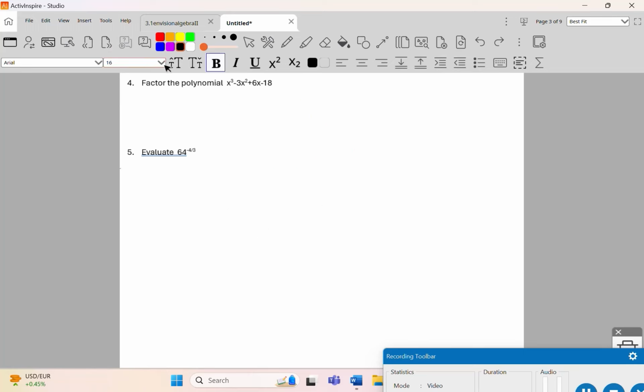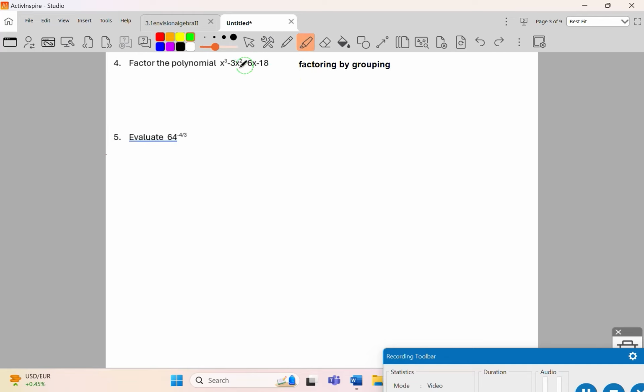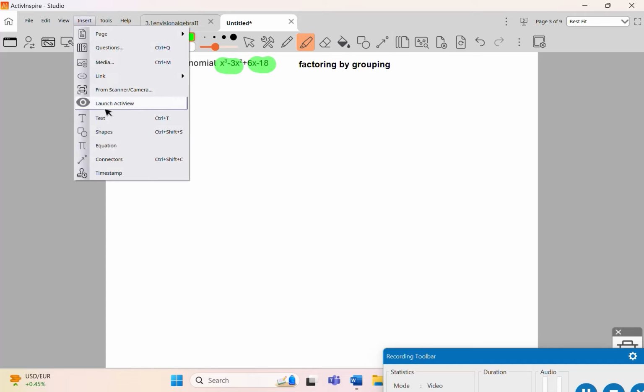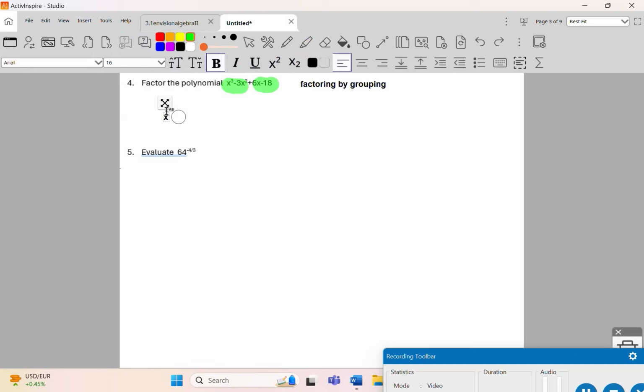All right, factor this guy. This is factoring by grouping. That's all it is. I can pull an x to the second and focus on the first 2 pieces, okay? And then focus on the last 2 pieces. There's my alarm. If I pull an x to the second from x cubed, I have an x.